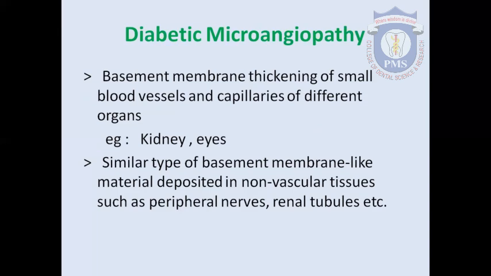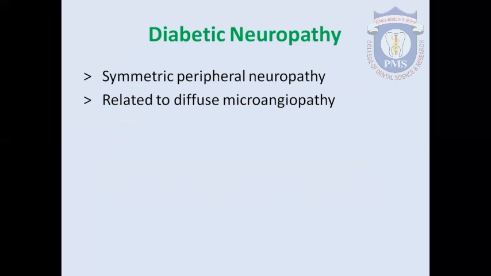Similar type of basement membrane-like material is deposited in non-vascular tissues such as peripheral nerves, renal tubules, etc. Diabetic neuropathy produces symmetric peripheral neuropathy, which is related to diffuse microangiopathy discussed earlier.